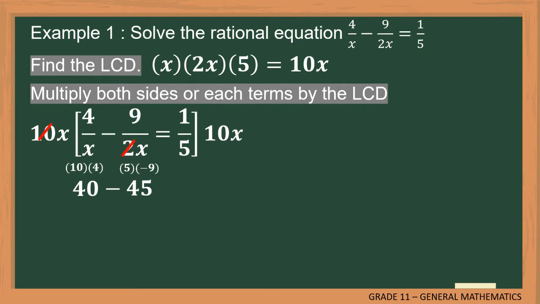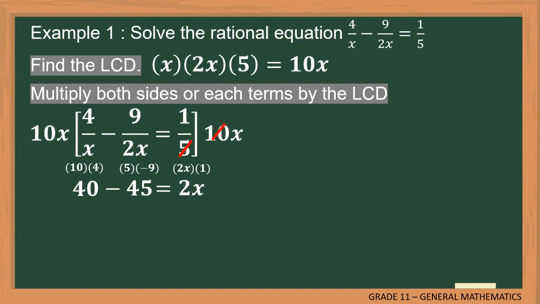Sa kabilang side naman, 1 over 5 times 10x. So, 10 times 1 equals 10, so 10x divided by 5. So, anong may iwan dyan? 2x na lang. So, 2x times 1 is equal to 2x.